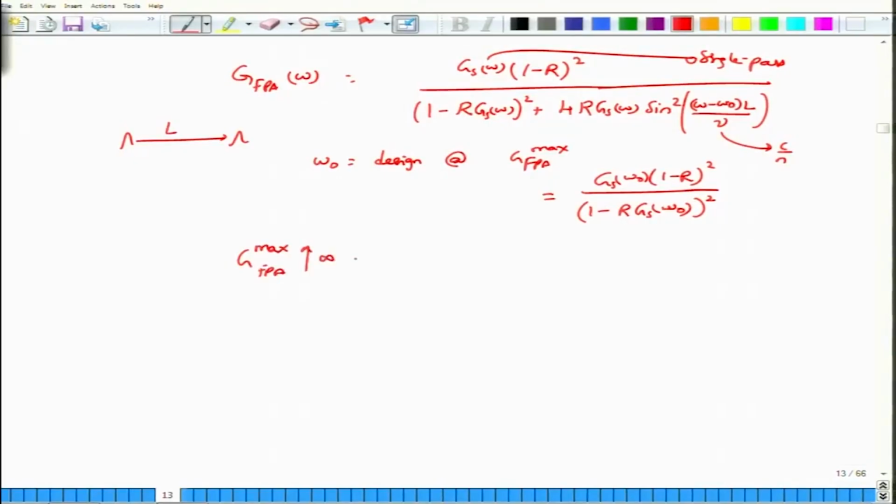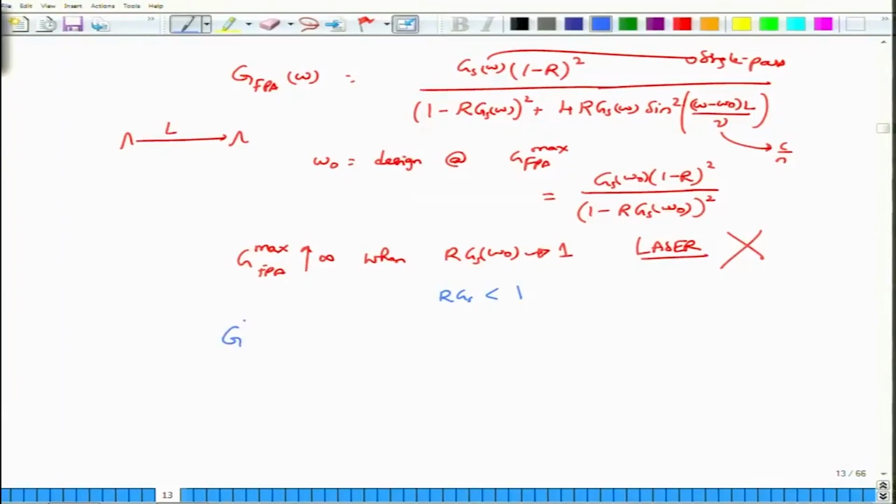It can go to infinity when R Gs omega naught at that particular frequency approaches 1. When the denominator goes to 0, the gain goes to infinity, and instead of an amplifier you would have obtained a laser. Therefore, this condition is not suitable for us, and R Gs would always be kept less than 1, in fact much less than 1. That is the first observation.